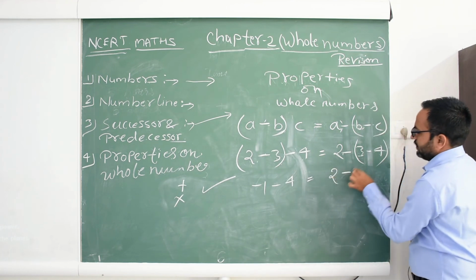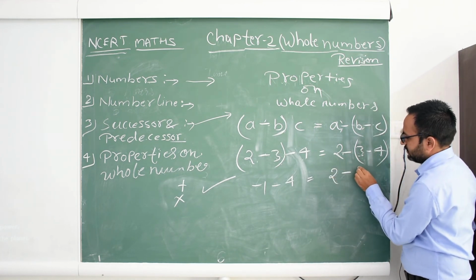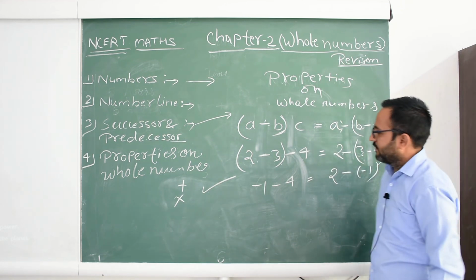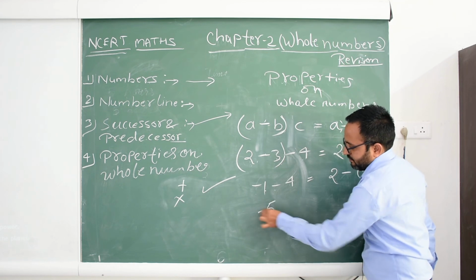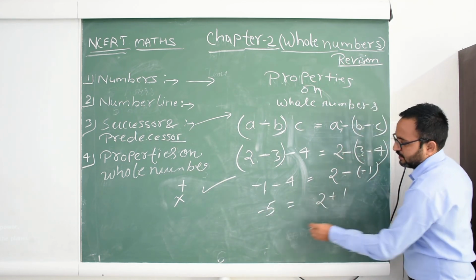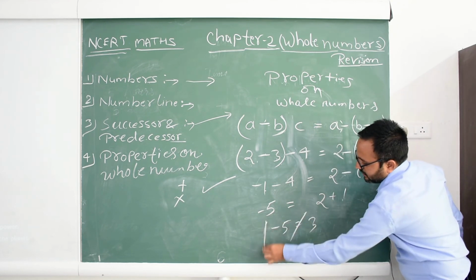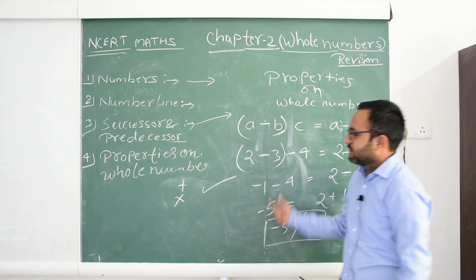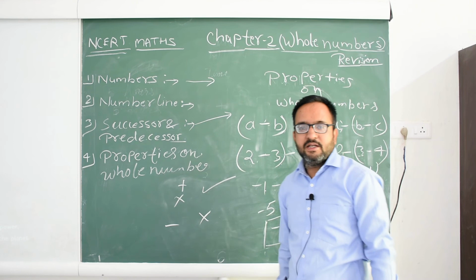And here 3 minus 4 is minus 1. Now minus 1 minus 4 is minus 5, and here 2 minus minus 1 is plus, so 3. So this is not equal. So subtraction is not associative.